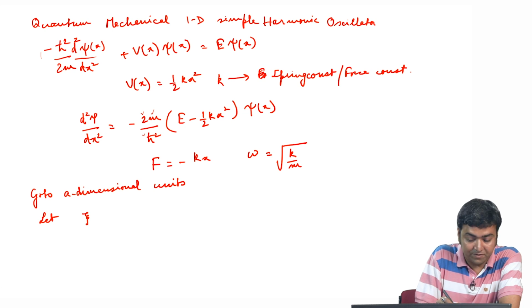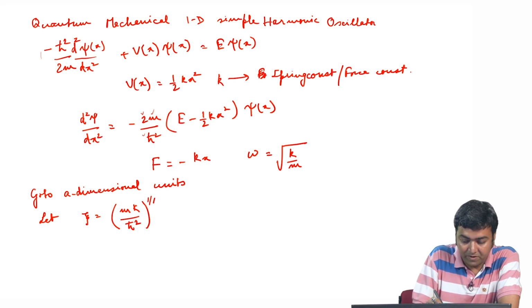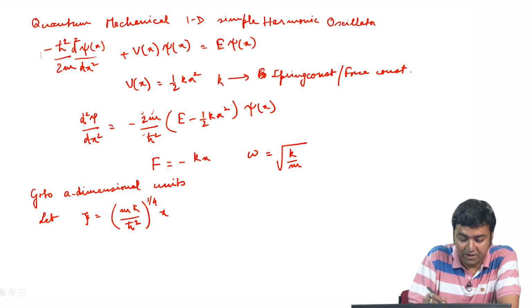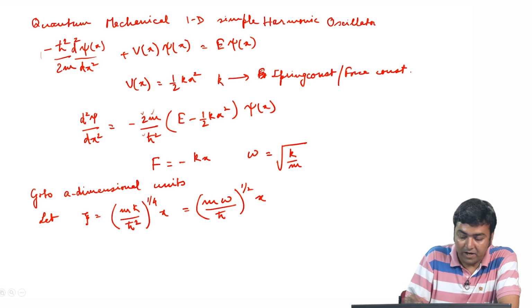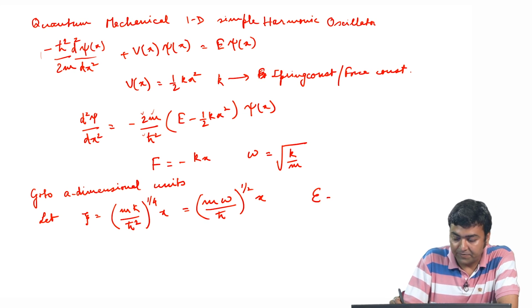The first one is zeta, which is equal to m k by h cut square to the power 1 by 4 times x, and if I plug in the value of k here, what I will get is m omega by h cut to the power half x. We also define epsilon, which is equal to E by h cut omega.